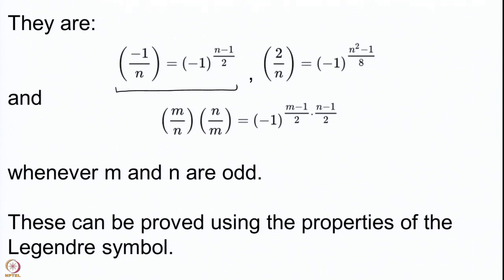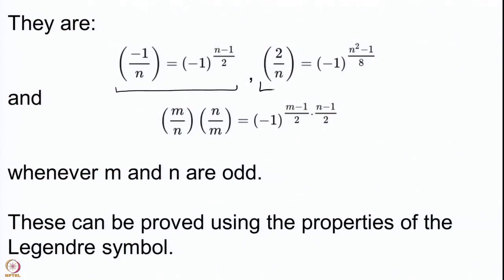So, the Jacobi symbol can be computed for -1 in line with the computation for the Legendre symbol. If n is odd, then 2 by n has the same formula as in the prime modulus case, the Legendre symbol case, that the Jacobi symbol 2 by n is equal to -1 to the power n square minus 1 upon 8.